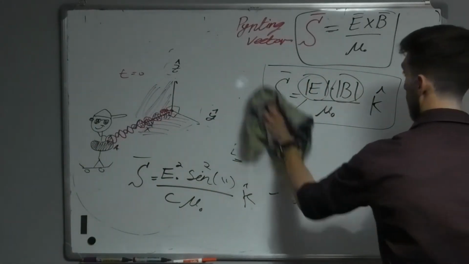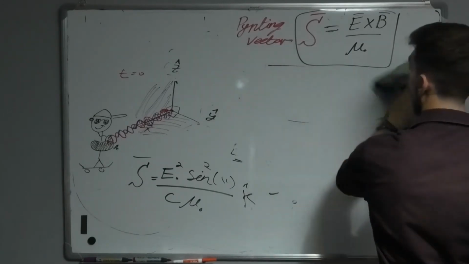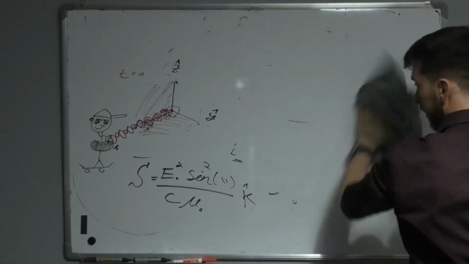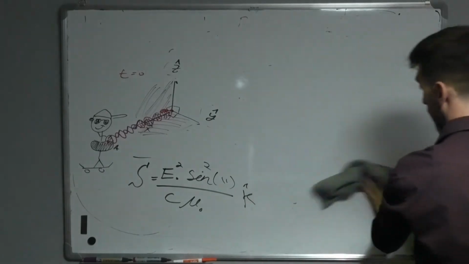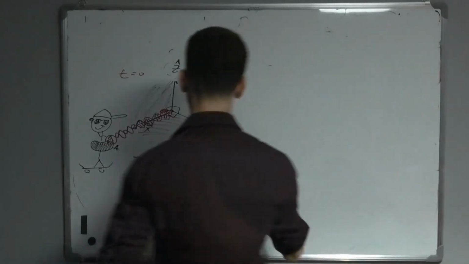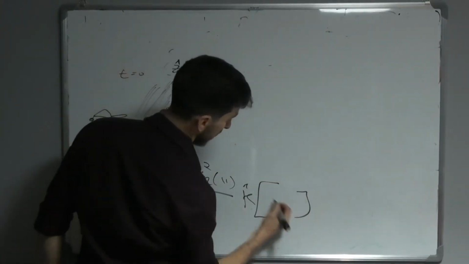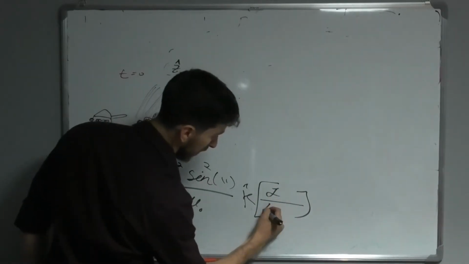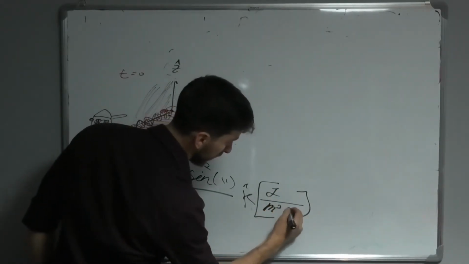But remember what the unit of S was? S is actually a more complicated thing. The unit is joule per meter square per second.